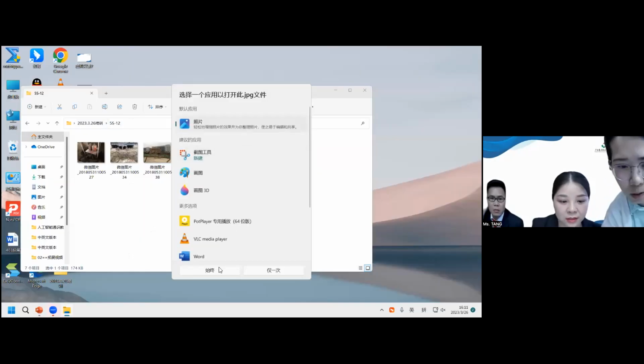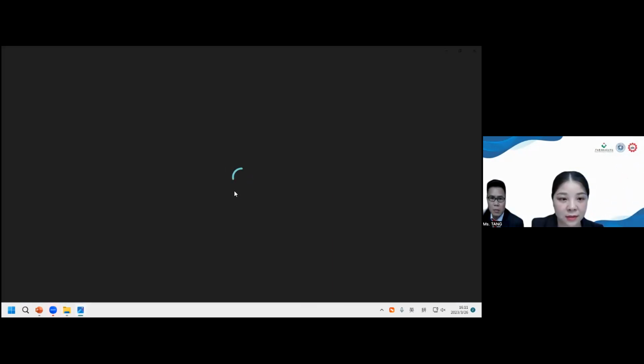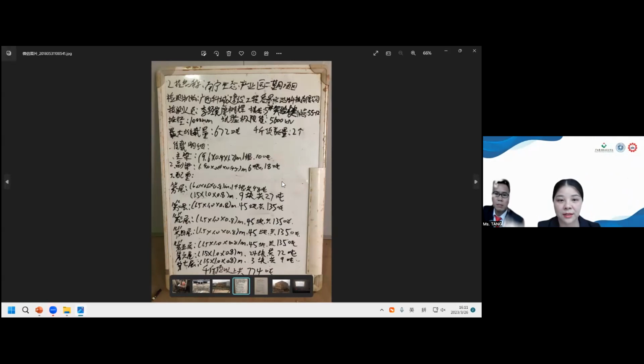As you can see here, there is a plate which shall be set up on site with the information below, like the project name and the information of the main beam, the secondary beam, and the counterweights, first layer, second layer, until the 7th layer.